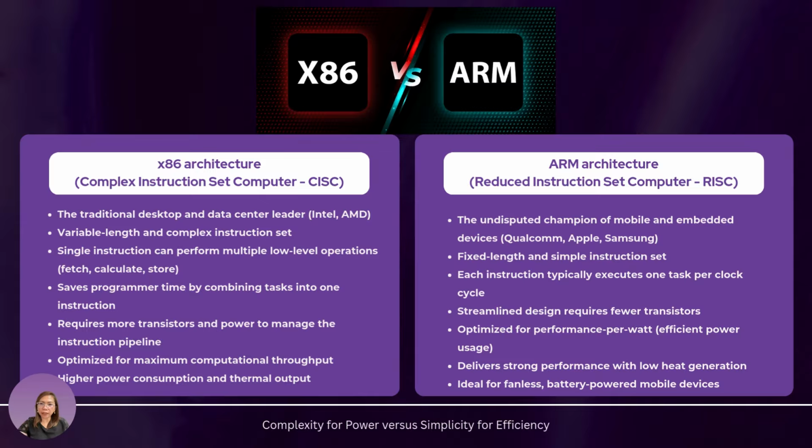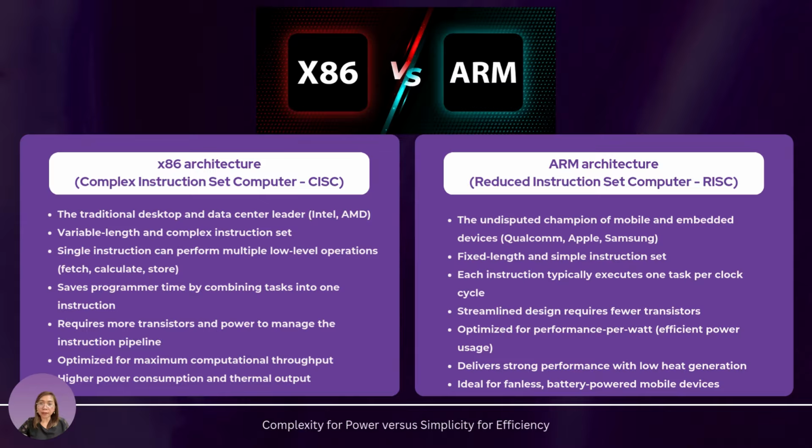A single x86 instruction can execute multiple low-level operations, like fetching from memory, doing a calculation, and storing the result, saving the programmer time. This complexity requires more transistors and more power to manage the instruction pipeline. x86 is optimized for maximum computational throughput at the expense of power consumption and thermal output.